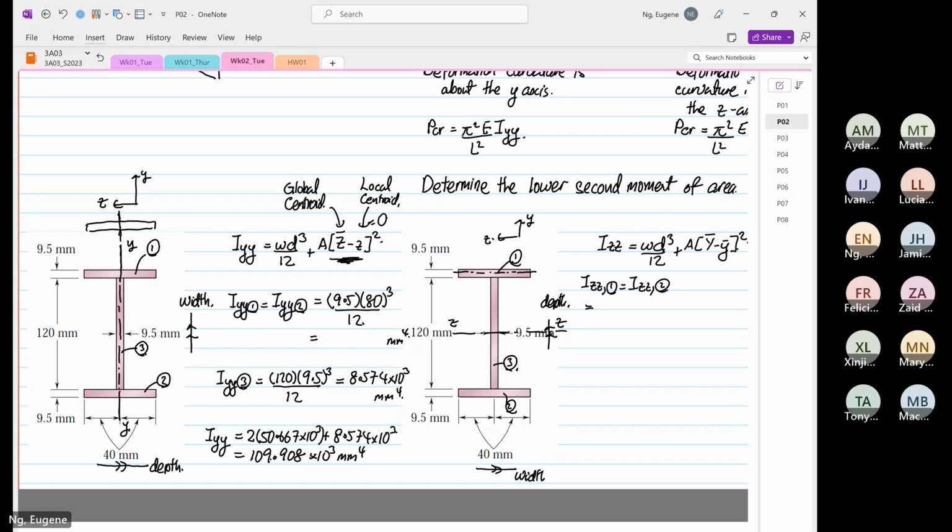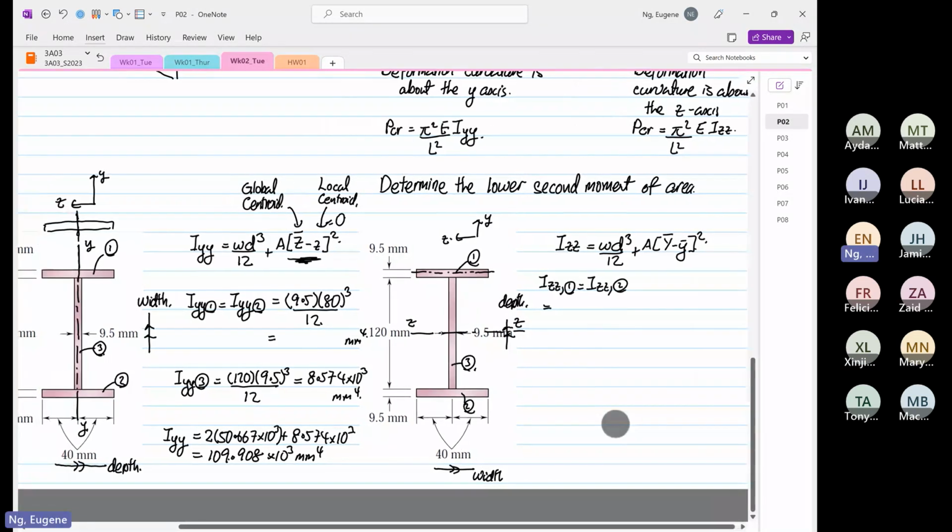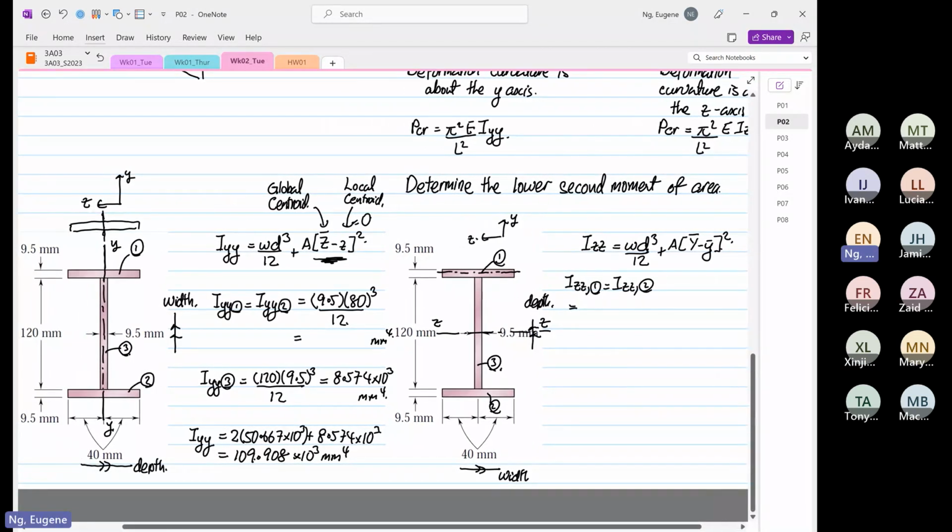Yeah. Okay. So I got this wrong. So 9.5 times 80 to the power 3 divided by 12 is equal to 405.333 times 10 to the power 3.